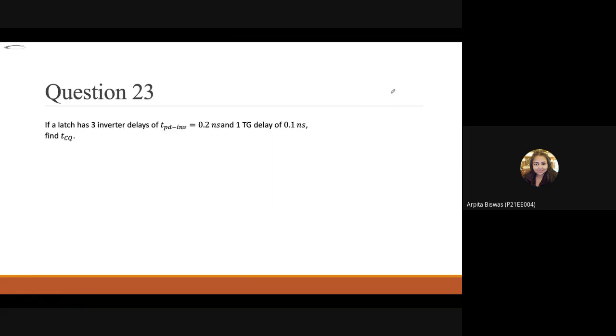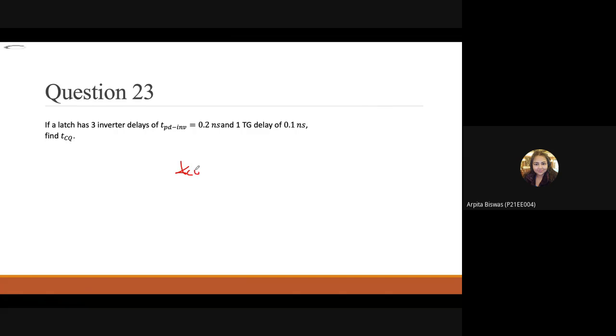This is question number 3. If a latch has three inverter delays of PD inverter equal to 0.2 nanosecond and one TG delay of 0.1 nanosecond, find the TCQ. See how to find this.